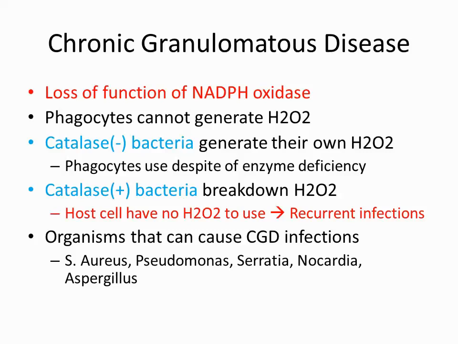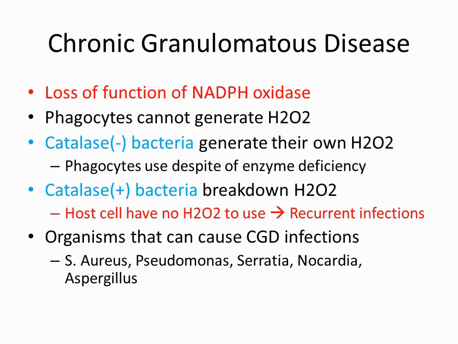So what if we lose the function of NADPH oxidase enzyme? It will create chronic granulomatous disease because phagocytes cannot make their own H2O2. Catalase negative bacteria generate their own H2O2, so the cell has H2O2 to use, and that's why it will kill the bacteria using catalase negative bacteria's H2O2. That's why we will not see any fatal infection of catalase negative bacteria.